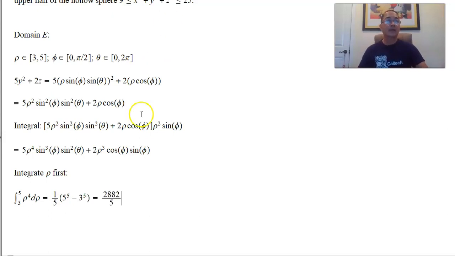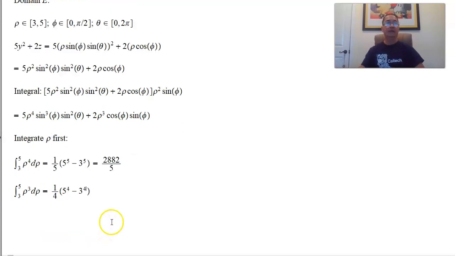That's not so bad. And repeat for rho cubed. We have 1/4, 5 to the 4 minus 3 to the 4. Looks fine so far to me.